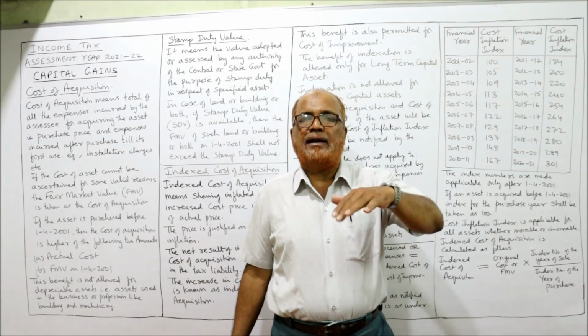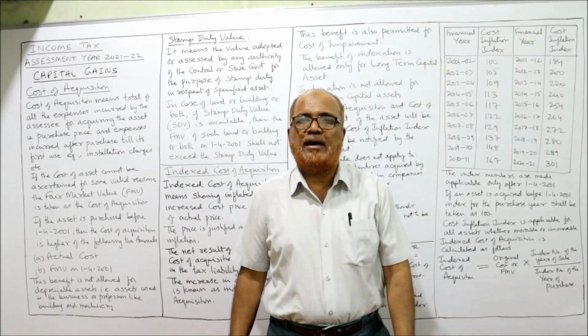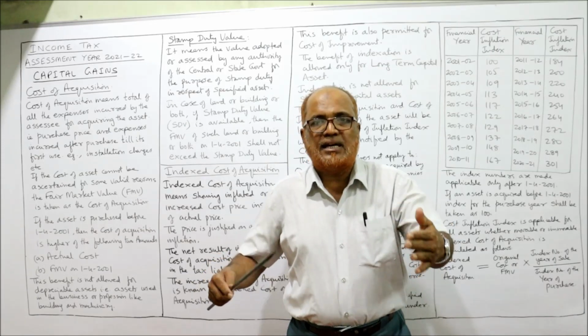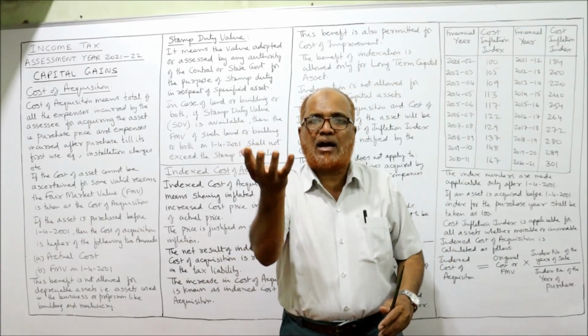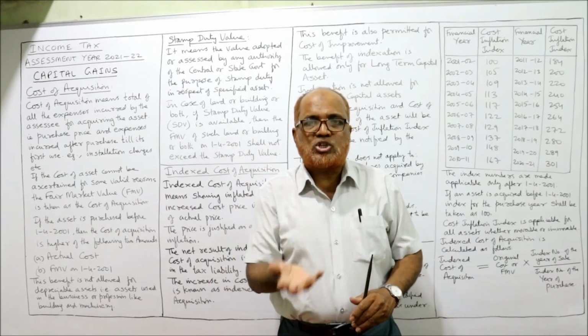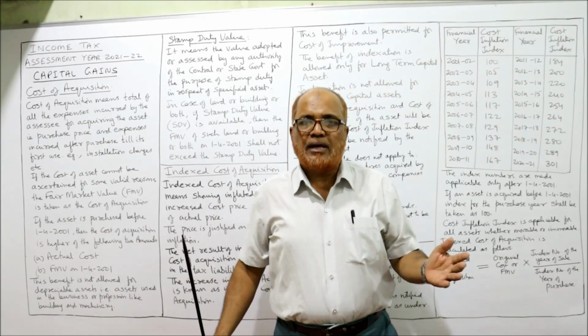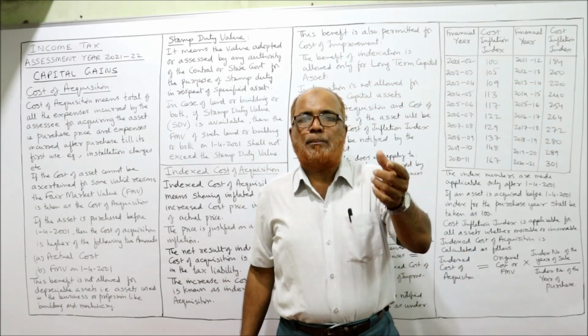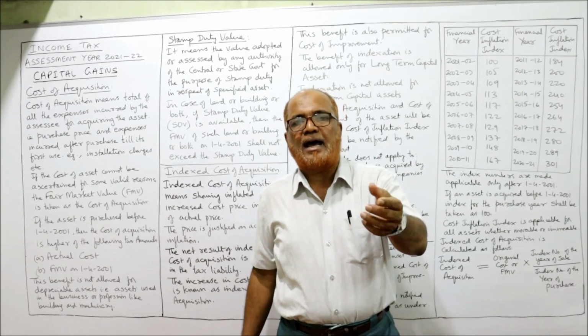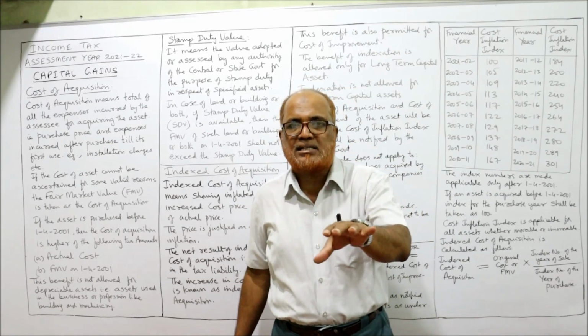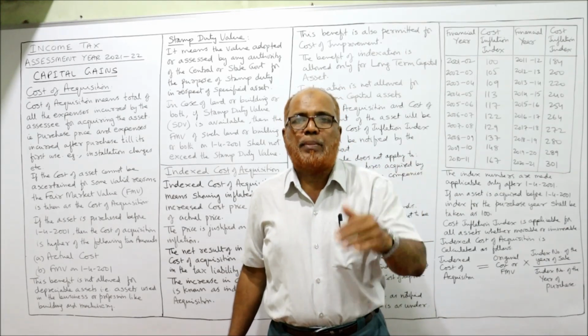Example, brokerage paid, installation charges paid. All these are incidental expenses incurred to acquire the asset. So simply, cost of acquisition means the purchase price of the asset and all incidental expenses incurred to purchase the asset.